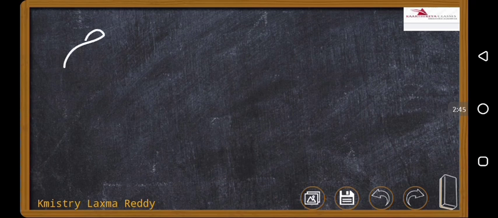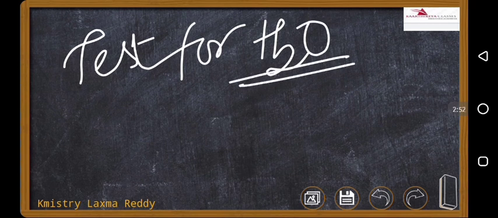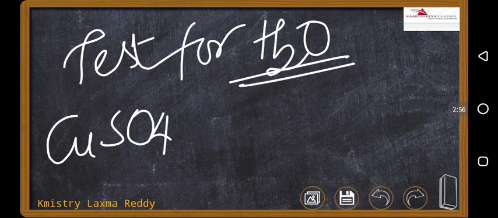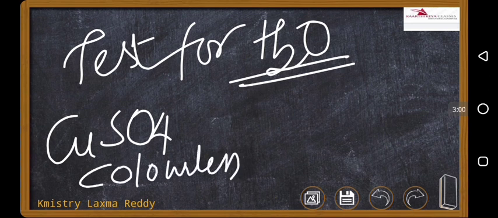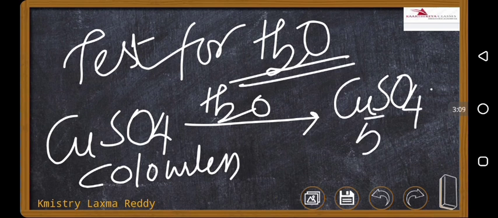Then test for water. This is very interesting. Copper sulfate, if you take without water molecules, this is colorless. Anhydrous copper sulfate is colorless, but when you are adding water, it becomes copper sulfate pentahydrate, CuSO4·5H2O, which is of blue color.